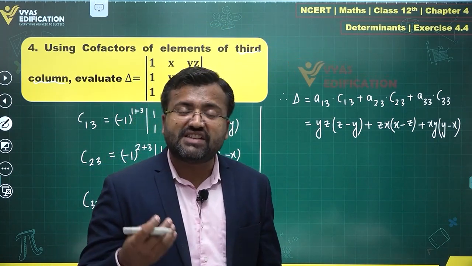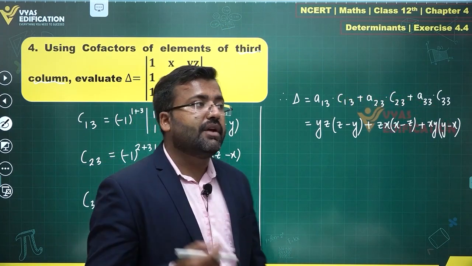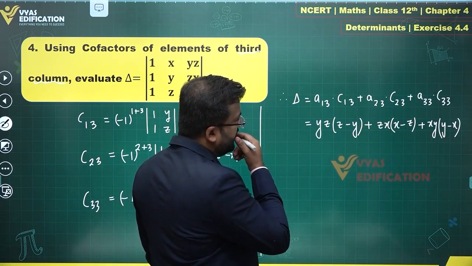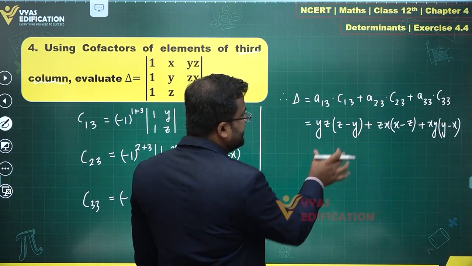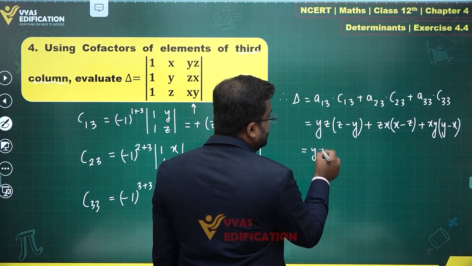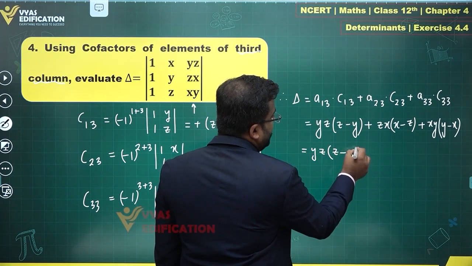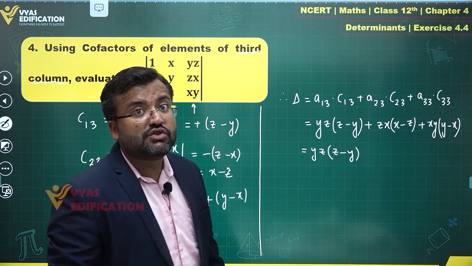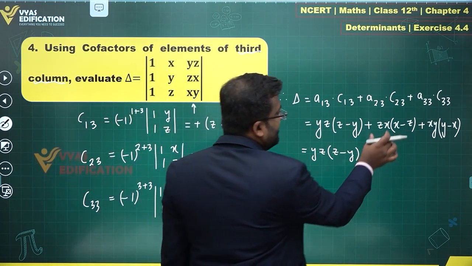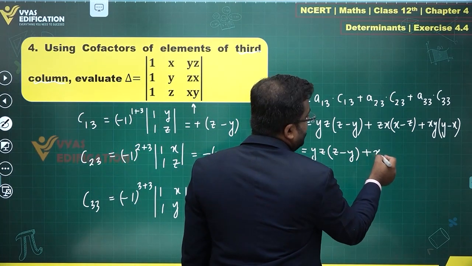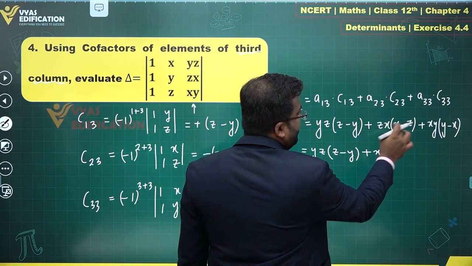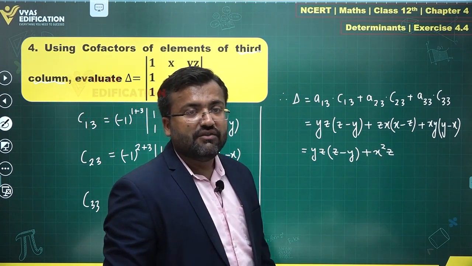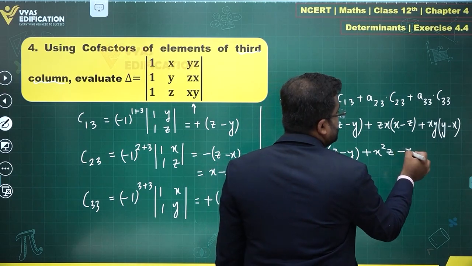Let's try to simplify this and try to bring out factors from here. What do we observe? I observe a z minus y over here. Let it remain as it is. This is yz times z minus y, but let's multiply these other terms together. I have zx squared, which can be written as x squared z. I have zx into z, which is xz squared with a minus.